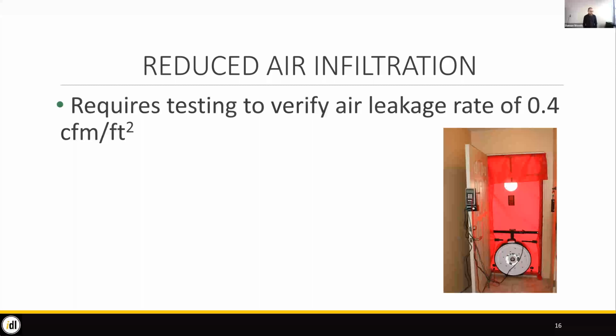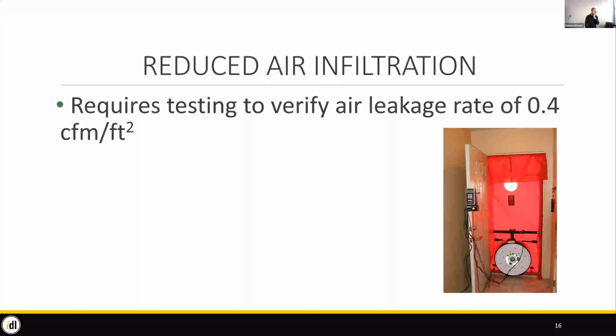So the nice thing is, instead of going through the prescriptive checklist of every single component and air barrier and window and sealant, if you test, you automatically meet that infiltration requirement, and you will also get this efficiency credit. So two birds, one stone.